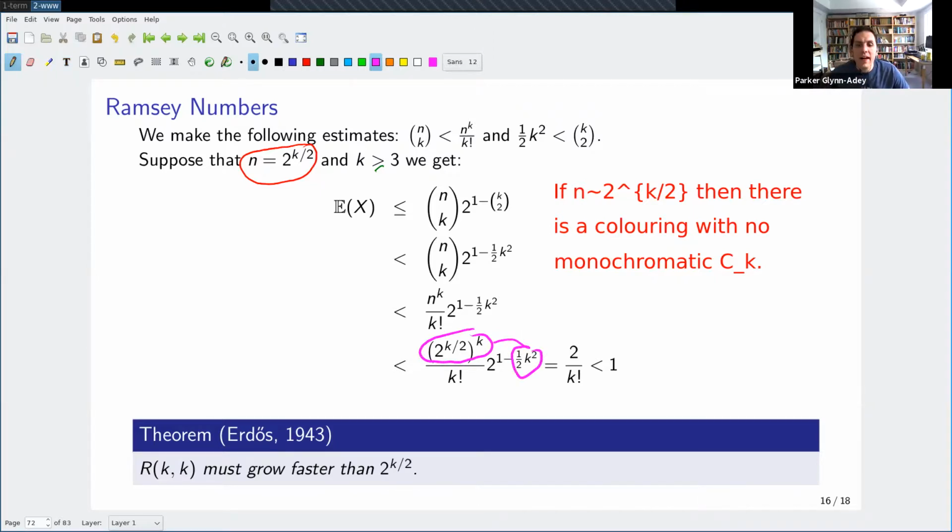Yeah. So what this is saying is if we have a lot of vertices, if we have exponentially many vertices more than k, nothing would work. That's a good question, Harshit. I don't actually know. I think we want things bigger than this. I think to make a better theorem, we want faster growing things.